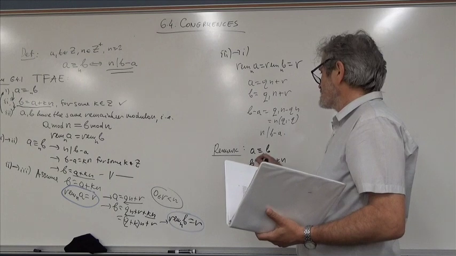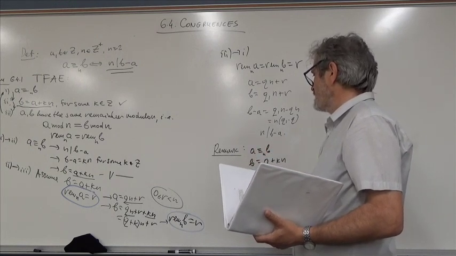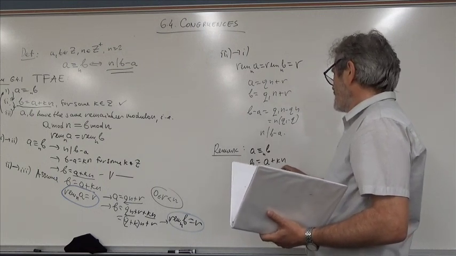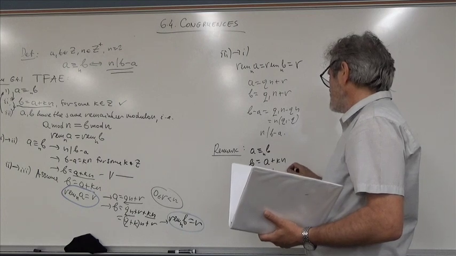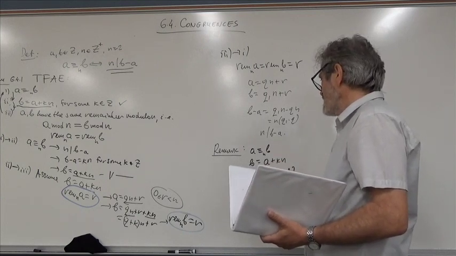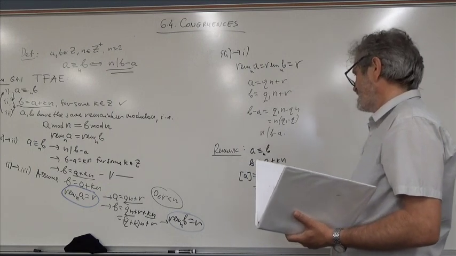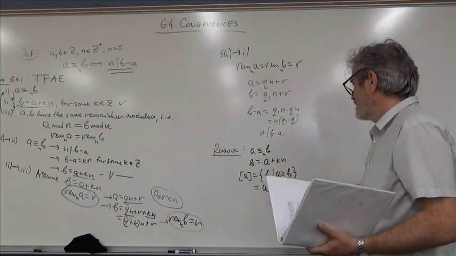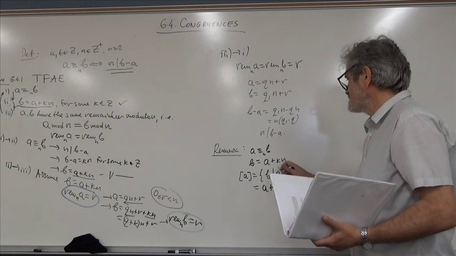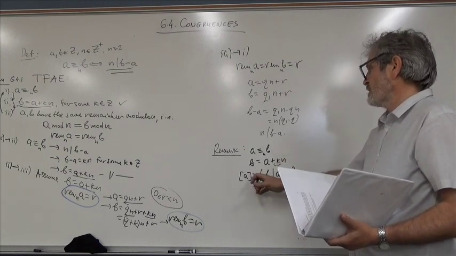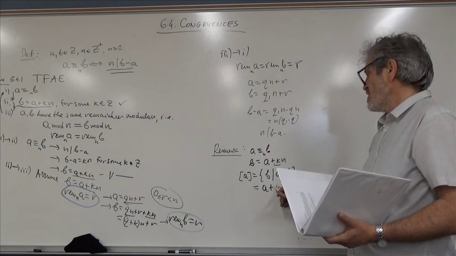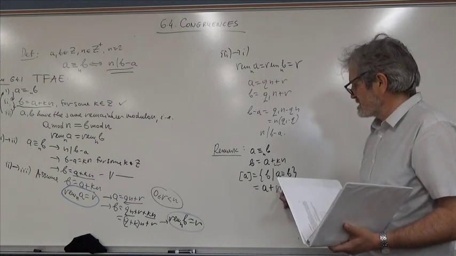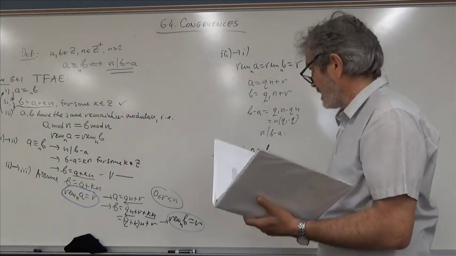That's why the class of A, which is the set of all B's such that A is congruent with B, very often we say is A plus nZ. If it's modulo n, Z stands for that arbitrary K. So how do you get the class of A? Take A and then add any multiple of n. So nZ means pick any element from Z, multiply by n, and add it up.